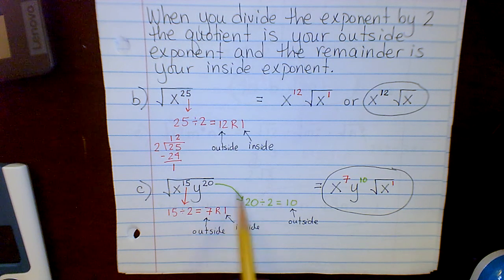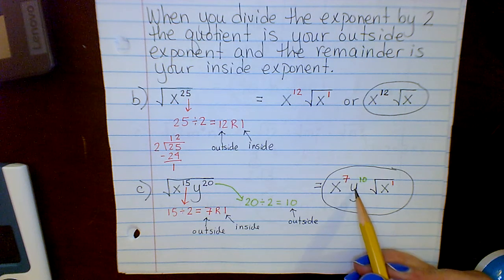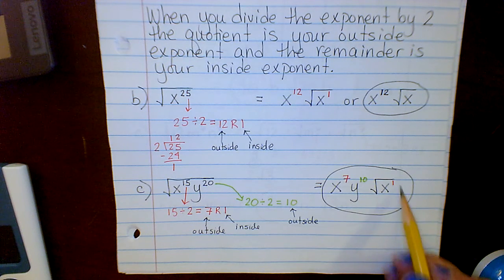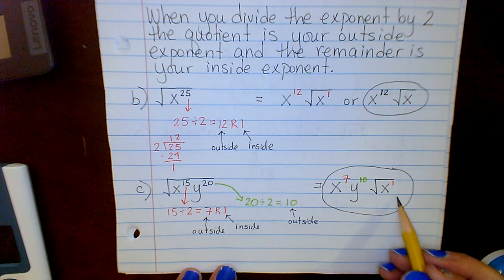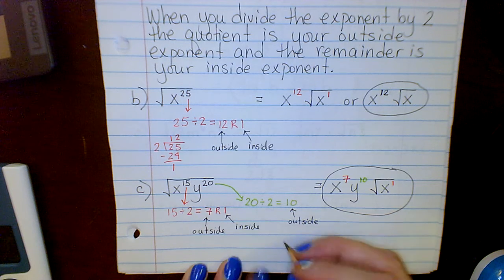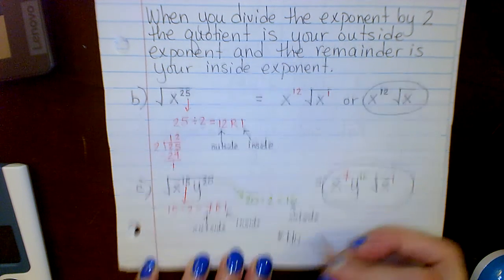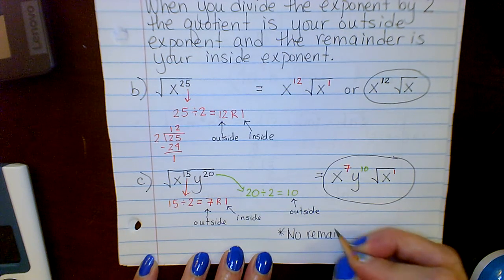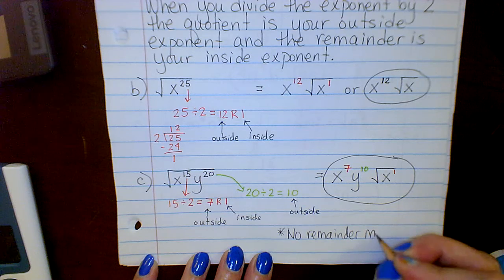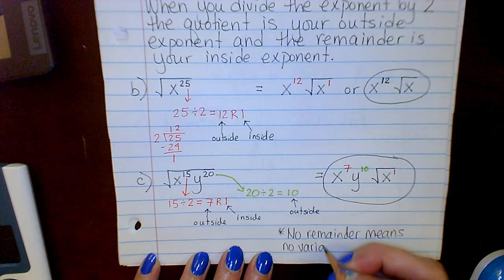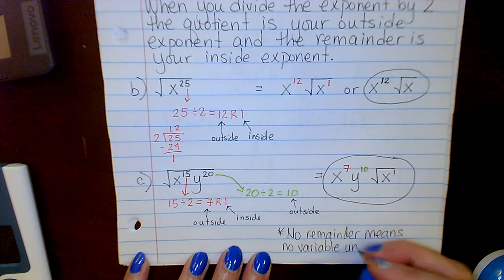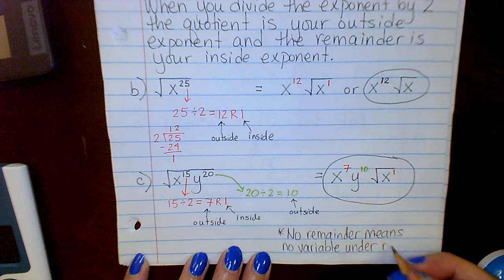The 20, when you divide it by 2, you get a 10, but no remainder. All right, well that just means you're going to have y to the 10th and no y. So no remainder means you're not going to have a y left under the radical. So it means no variable under the radical.